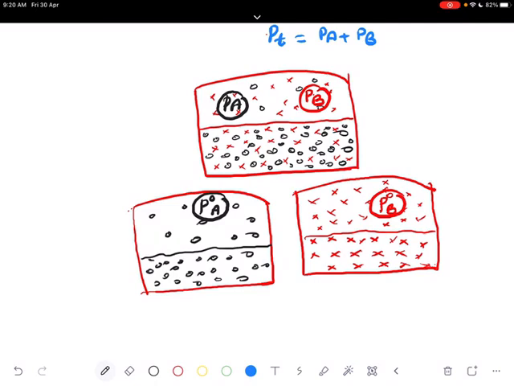Now, there is an XA, there is an XB. What is XA? XA is the mole fraction in the solution. XB is the mole fraction in the solution.